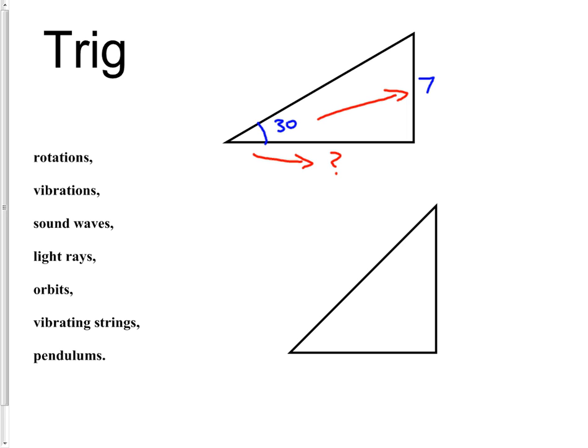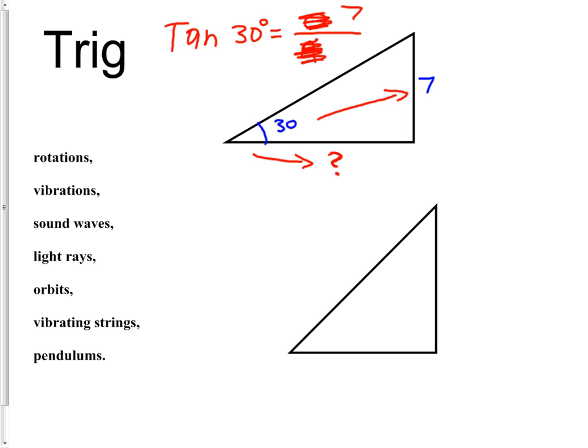So why don't you write this little sample triangle out for yourself and write tangent, because tangent of this angle, 30, is equal to, TOA, opposite over adjacent, and the opposite is 7 over the adjacent. I don't know, so I'm going to put a variable.